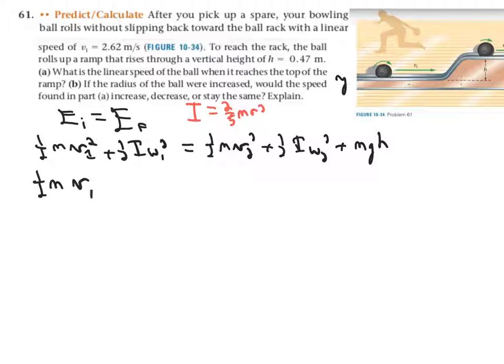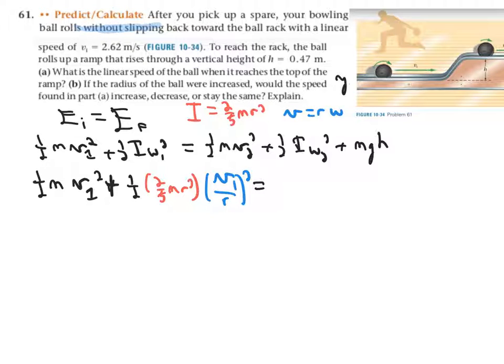1/2 mv1 squared plus, and let's put that in, we get the half, but now we'll have 2/5 mr squared for I, and we also know that it is rolling without slipping, which tells us that v equals r omega, or omega can be written as v1 over r.